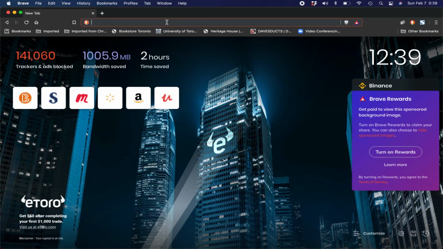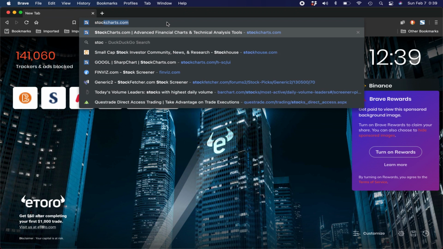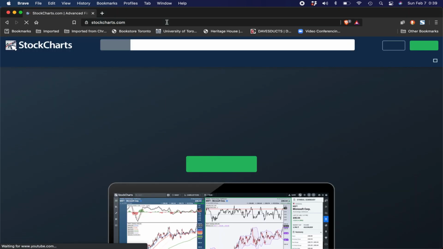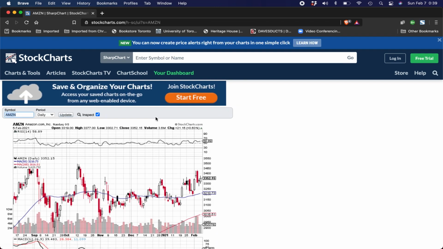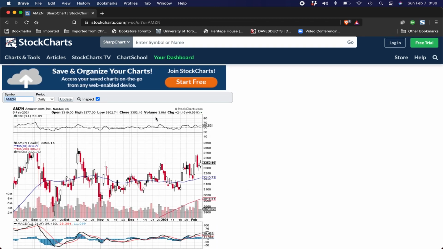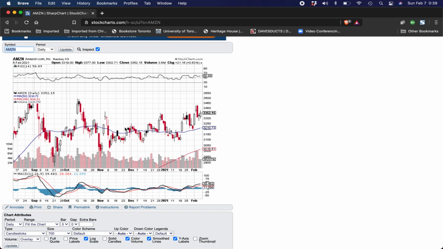Let's look at a stock chart to see if we can establish support and resistance levels or the zones. So for this, I'm going to take Amazon. Let's see what the stock chart is to see if we can pull the support and resistance levels. All right, it looks like in the past 6 months, Amazon has been trading pretty much in a range.